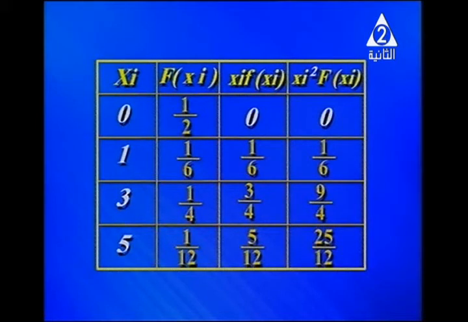By squaring the first column and multiplying by the second column, we form the fourth column, xi square times f of xi. The fourth column becomes 0, 1 over 6, 9 over 4, 25 over 12.